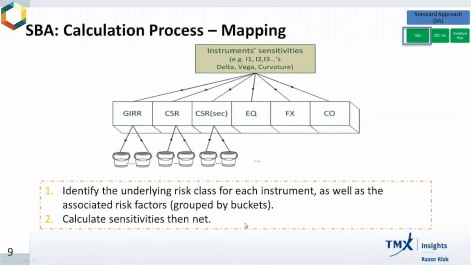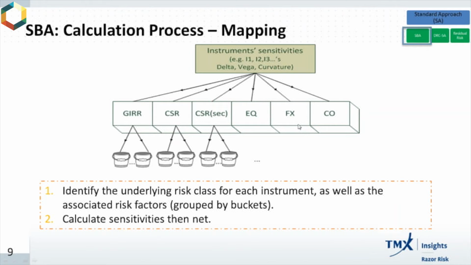Please note that one instrument or trade can belong to multiple risk factor classes. For example, a simple stock may have equity delta as well as FX delta if its currency is different from the reporting currency. You will see the example in the use case below.